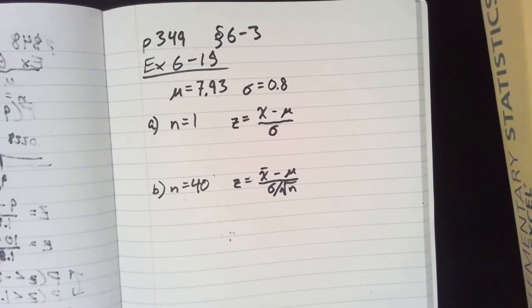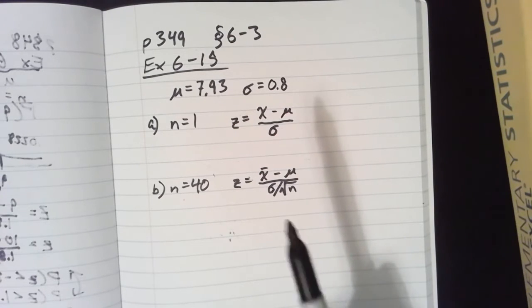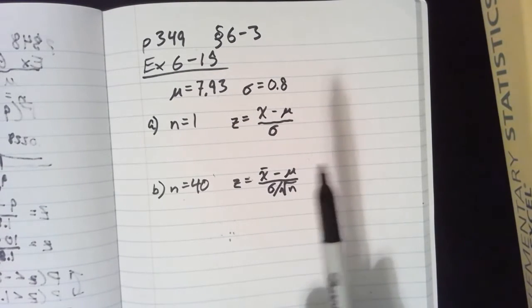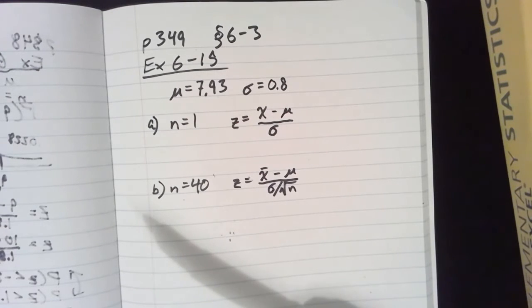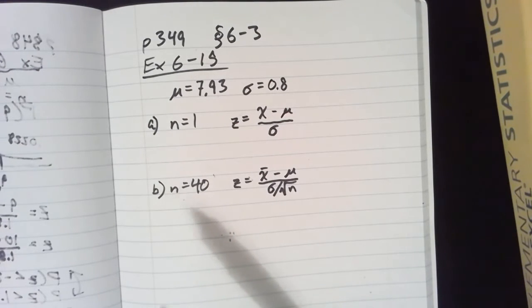So the question to consider here before we pause and move on to answer it is which do we think would be more likely? Would it be more likely for one single person to work fewer than 8 hours over this weekend, right?